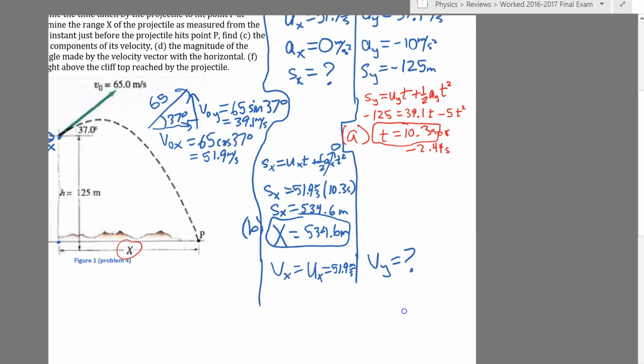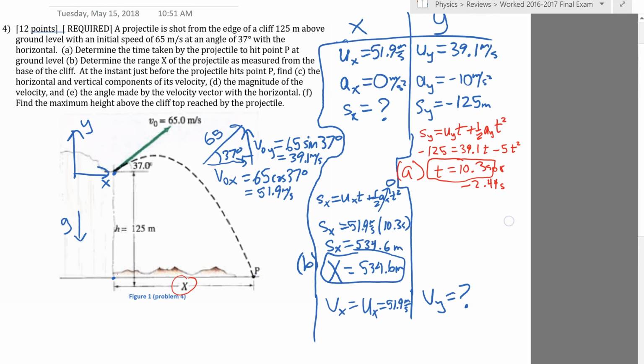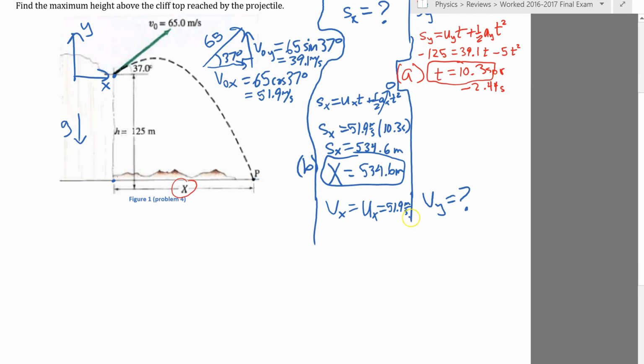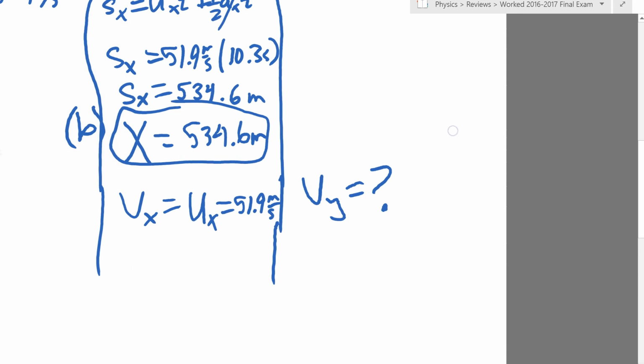Vy isn't hard, but you have to do a little bit more work for it. So there is accelerated motion in the y direction. So is there one formula we can use right off the bat from the information that we have that would get us the final velocity? You got two options. We know the displacement and the acceleration. We know the initial velocity. So you could use v squared: Vy squared equals Uy squared plus 2AySy.